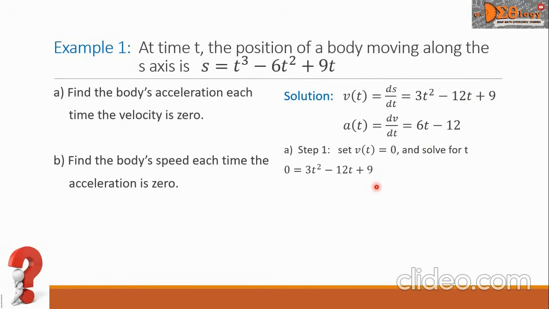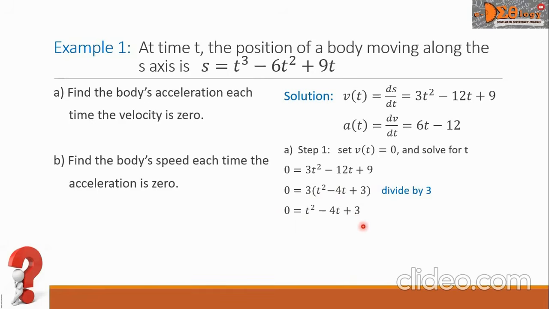We can factor out the number 3, so we have 3 times the quantity t squared minus 4t plus 3. If we divide the equation by 3, this equation is simplified into 0 equals t squared minus 4t plus 3. Now, let us solve for t.